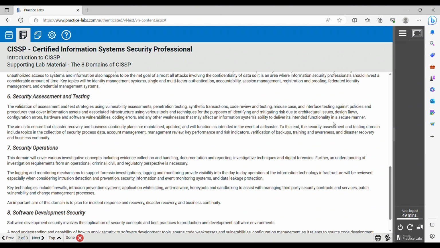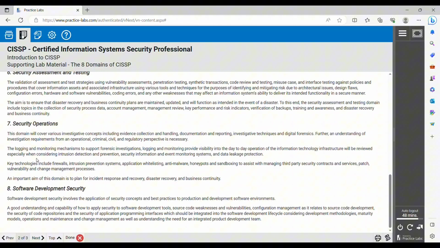To this end, the security assessment and testing domain includes topics in the collection of security process data, account management, management review, key performance and risk indicators, verification of backups, training and awareness, and disaster recovery and business continuity.